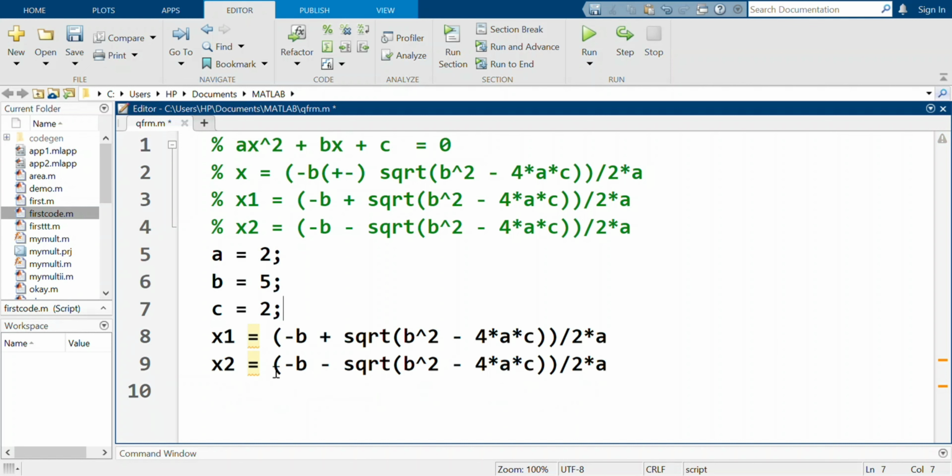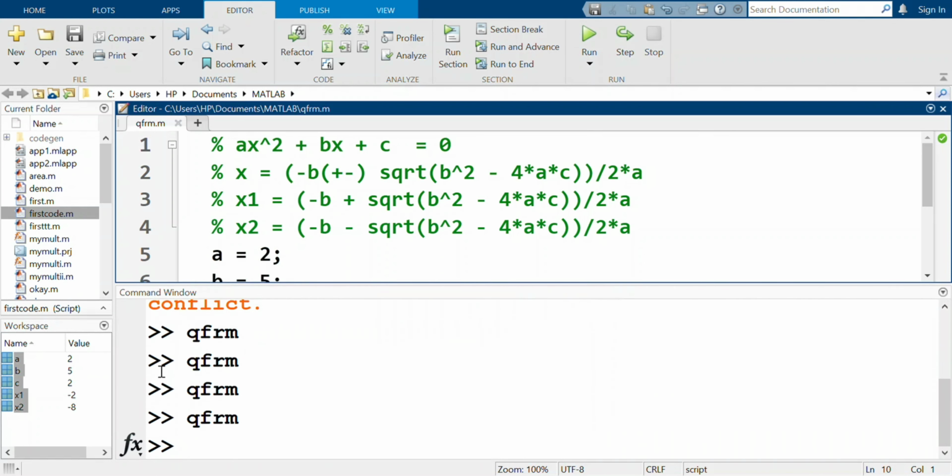So I have the two formulas, x1 and x2, and don't forget to close them because it's a script, it's not the command window. Now, when you click enter, MATLAB will give you an error.